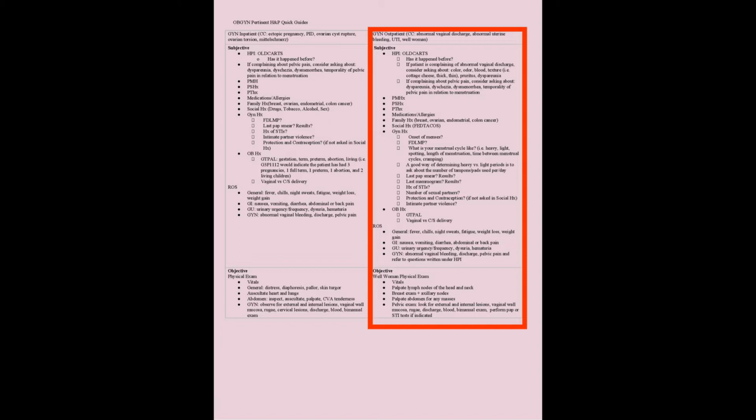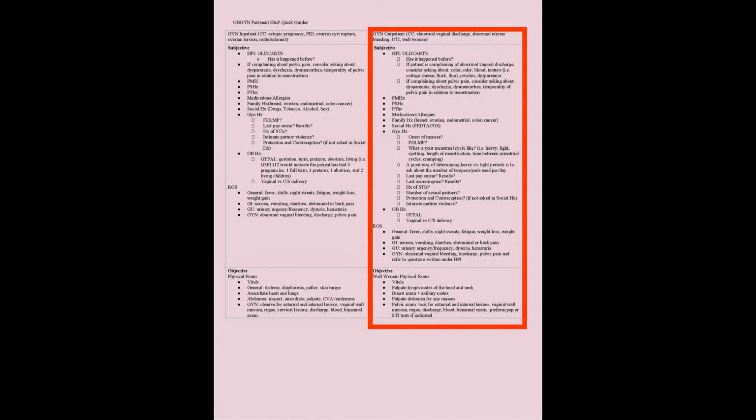That means that the patient has had 3 pregnancies, 1 full-term baby, 1 preterm baby, 1 abortion, and 2 living children. So you'll get used to using the GTPAL way of writing gestations and parity as you go on into your rotations. So don't worry about that too much. And then for OB history, inquire about vaginal versus cesarean delivery and if there are any complications with that.